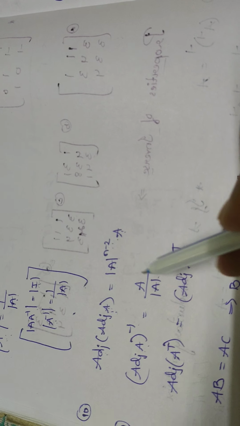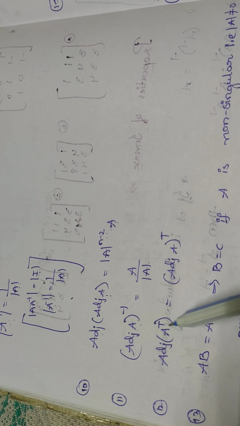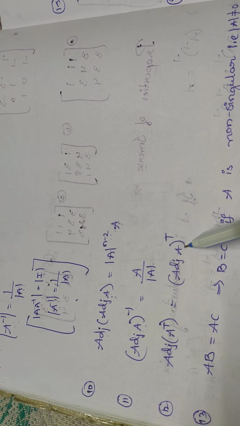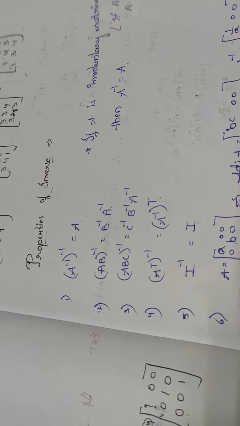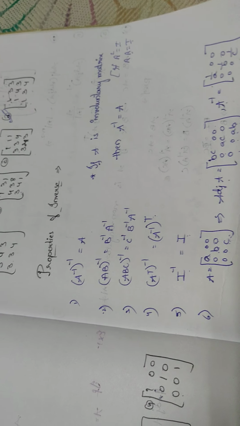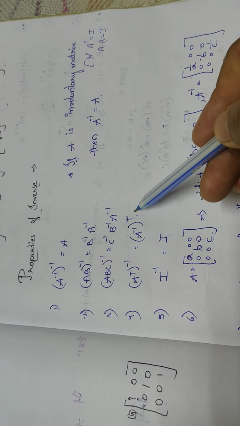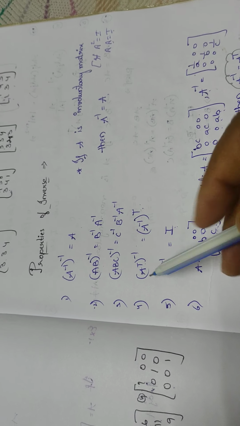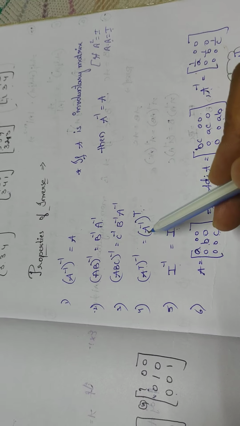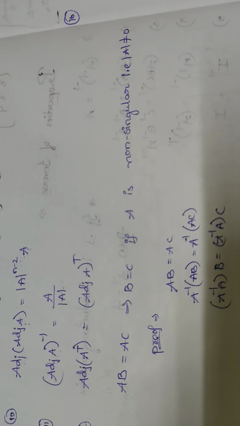Adjoint of A whole inverse is equal to A by det A. Next, adjoint of A transpose is nothing but adjoint of A whole transpose. Very simple. Same, A transpose whole inverse is equal to A inverse whole transpose. So adjoint of A transpose also you get adjoint of A whole transpose.